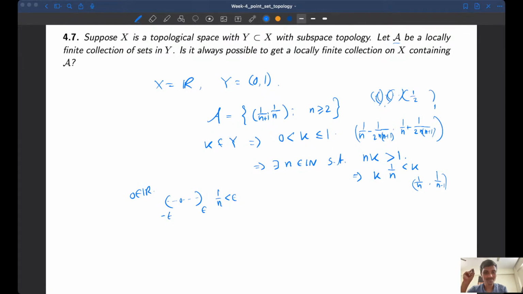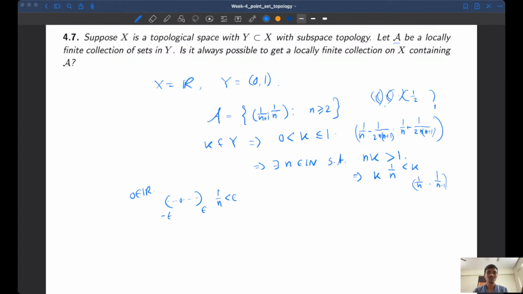I might be remembering wrong. Yeah, so a family we say is locally finite at a point X if there exists a neighborhood U of X in X such that U intersects only finitely many members of A.